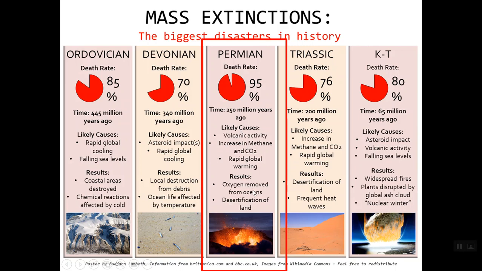Oxygen was removed from oceans, and you had a lot of desertification, and life was pretty much almost wiped off, okay? But nonetheless, after the end of this period of very harsh conditions, when favorable conditions were restored, we observe a radiation going on again.